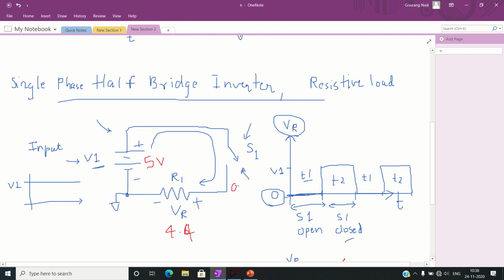The remaining 0.6 volts is getting absorbed by this switch. Normally switches are not ideal, they will consume some power, and because of that the 0.6 volts is getting consumed by this switch. If you change the switch, the value will change. It depends on what switch you are using. For our case it is absorbing around 0.6 volts.